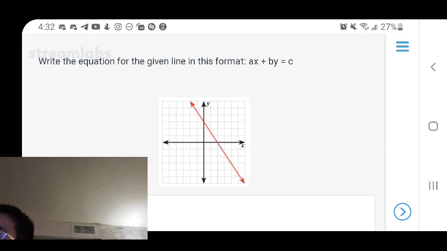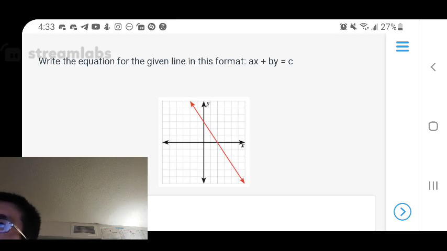Yep, 2A equals 3B equals C. Write the equation for the given line in this format. We'll find the actual numbers. Oh yeah, you do rise over run.